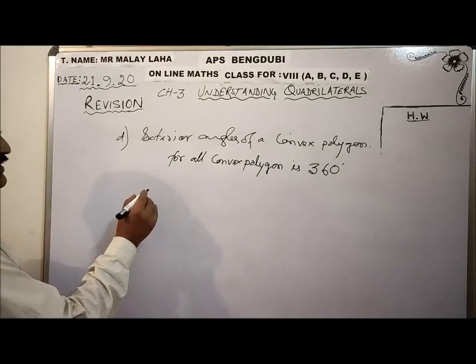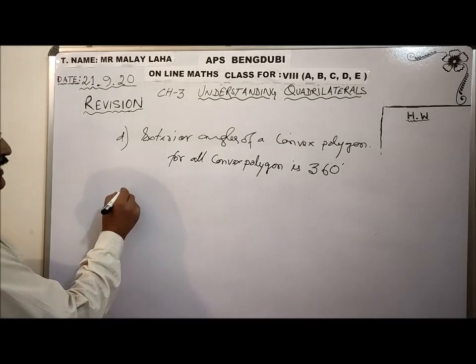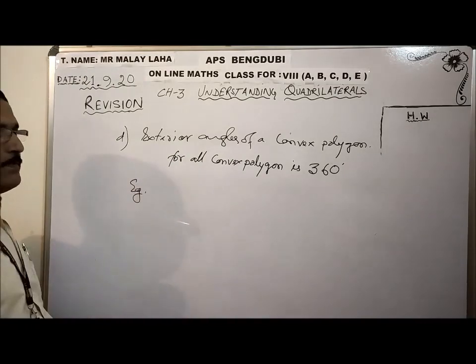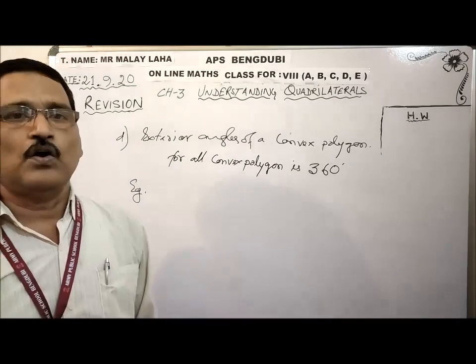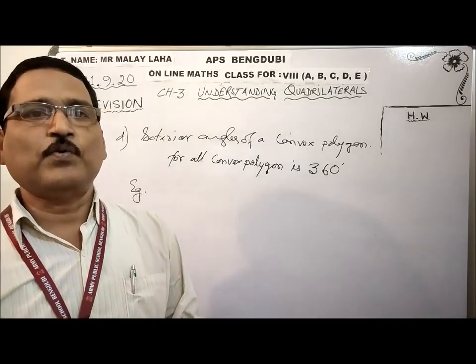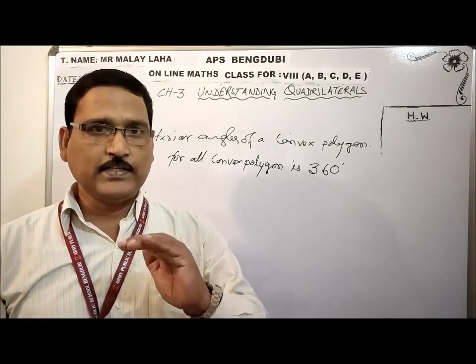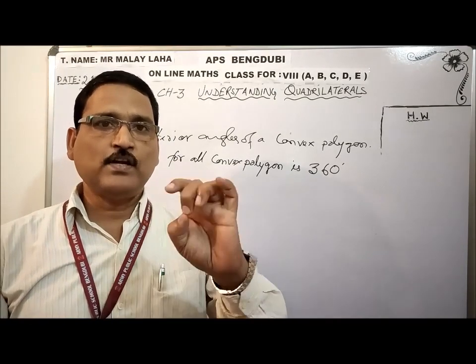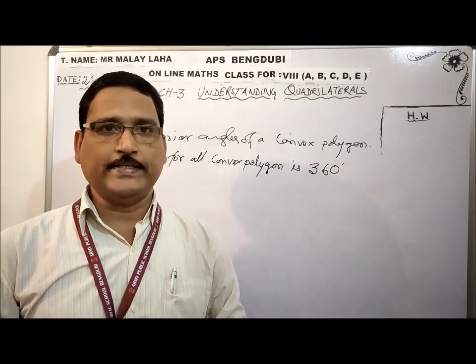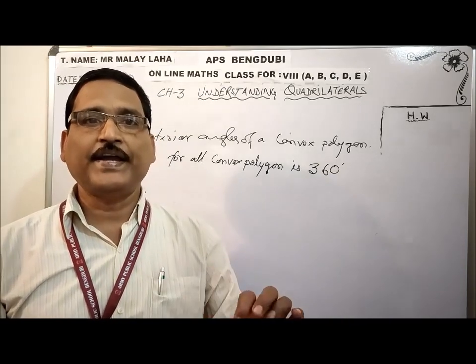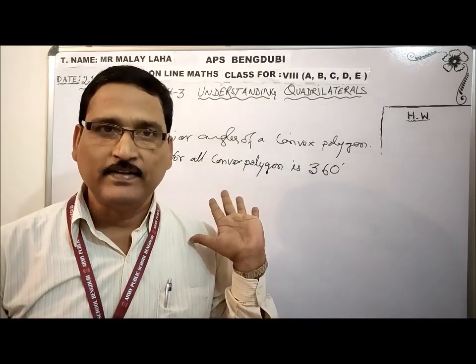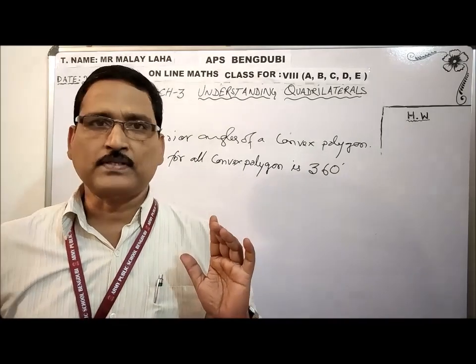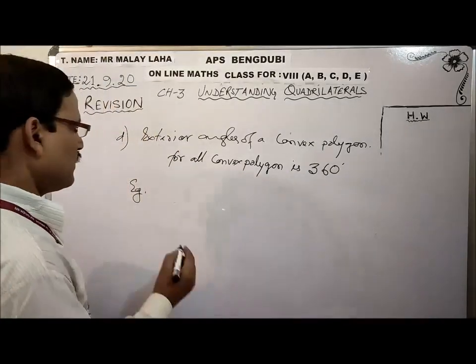Suppose, example this way: the exterior angle of a convex polygon is 18 degree. The question is given: the exterior angle of a convex polygon is 18 degree. How many sides does it have? Many options are given. How to find out? So what is the example?